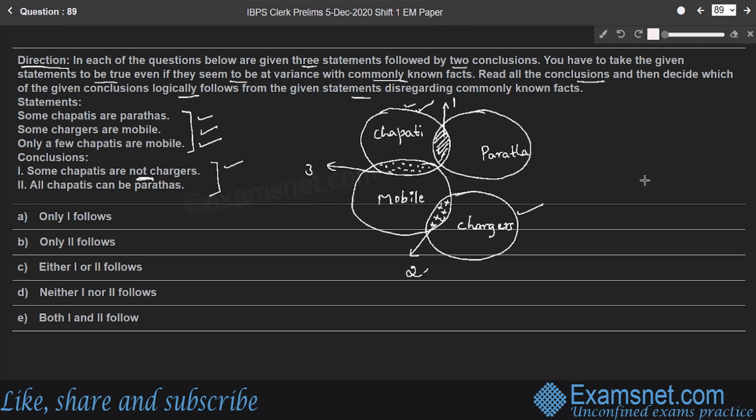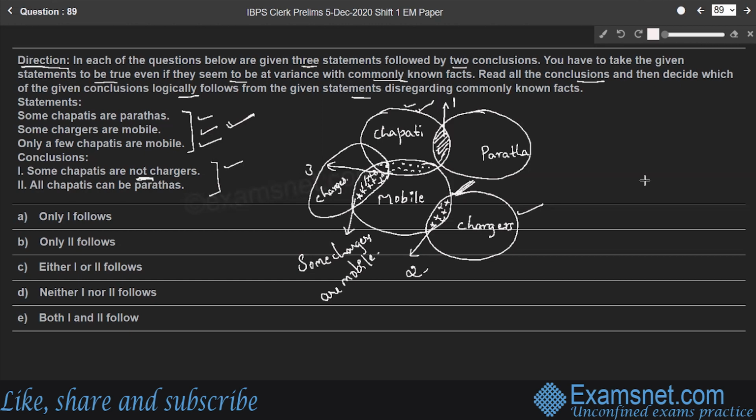In case this common portion, which is the second statement, some chargers are mobile, comes here, in the set of chargers, right? What is the second statement? Some chargers are mobile. So this represents some chargers are mobile.